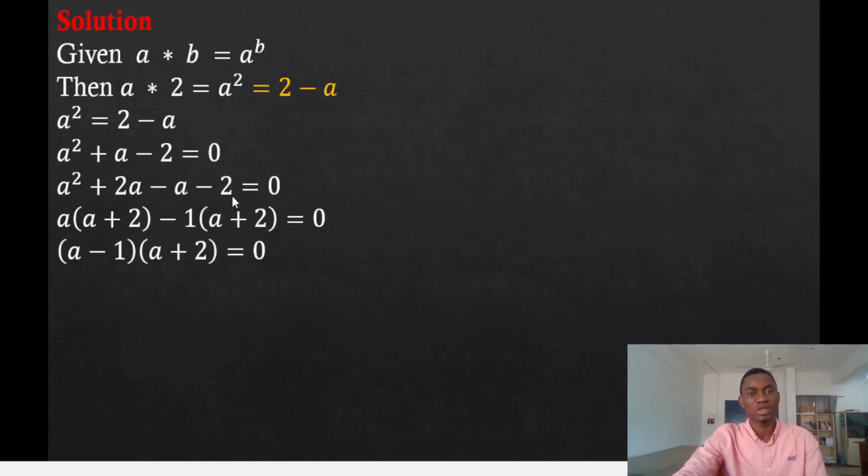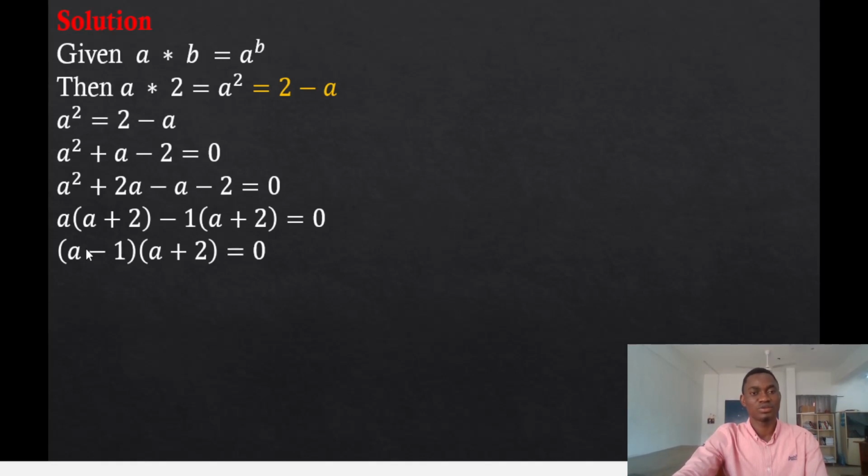Then minus A and minus 2. Minus 1 is common, so we factor out minus 1. Then you have A plus 2 in the bracket. Since we have A plus 2, we pick 1, then we group this way: A minus 1 into A plus 2 equal to 0.